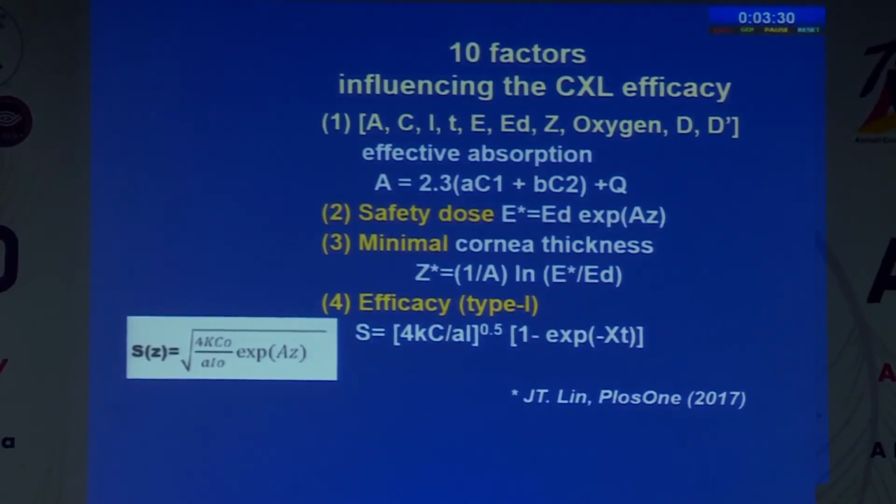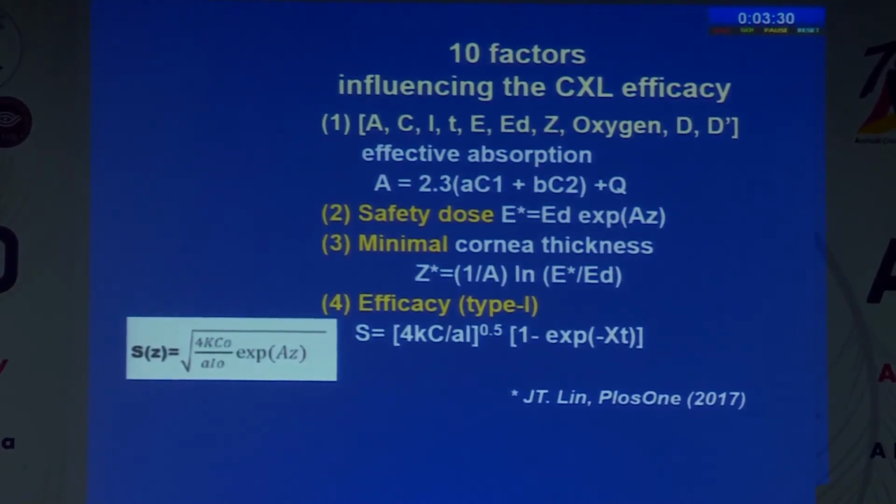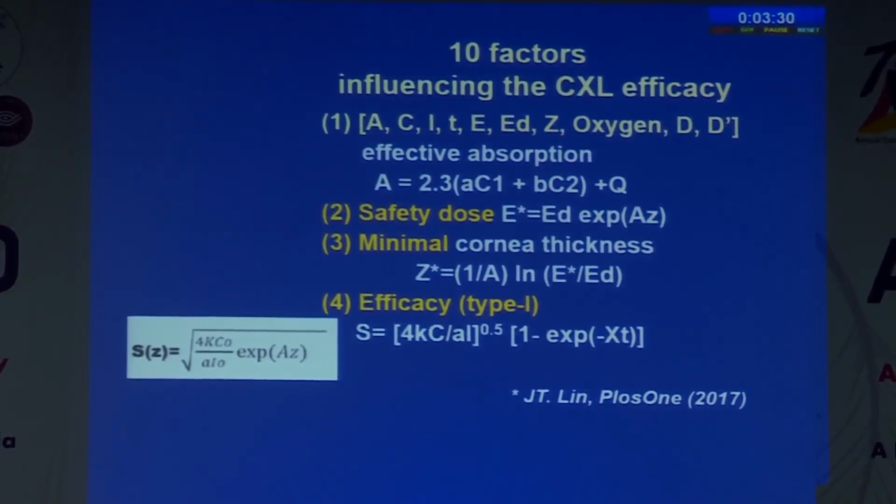Let us say you use 0.1% or 0.25%, the safe corneal thickness is different. Now the efficiency could be type 1 in this case, and the formula says that the higher the concentration, the more efficient. However, with higher intensity, you actually get a lower steady-state efficacy.